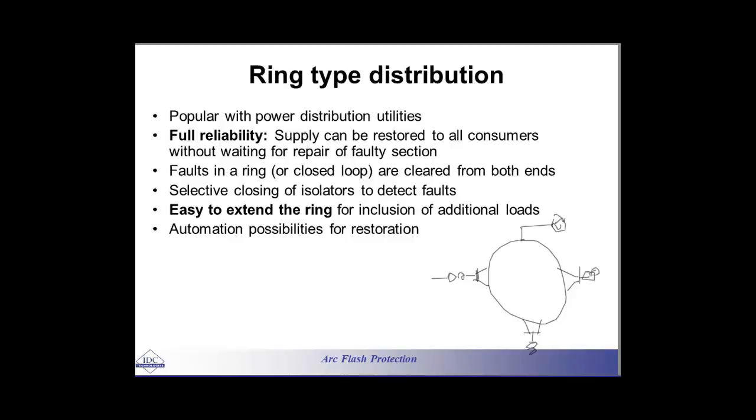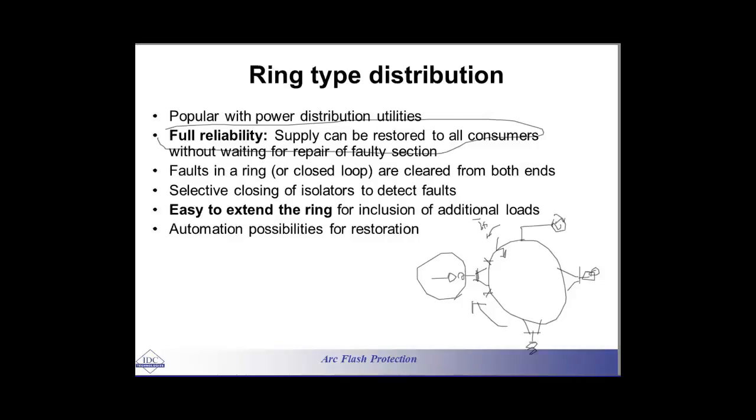This is good because if you've got a circuit breaker here and a circuit breaker here, and there is a fault in here, the fault current will go this way, which is not good, but this load in here can still be supplied from this end. So this is what we call full reliability. Supply can be restored to all the transformers without waiting for repair of the faulty section.